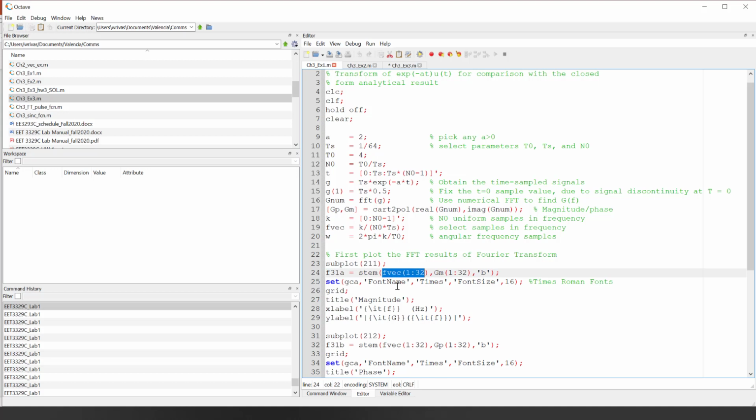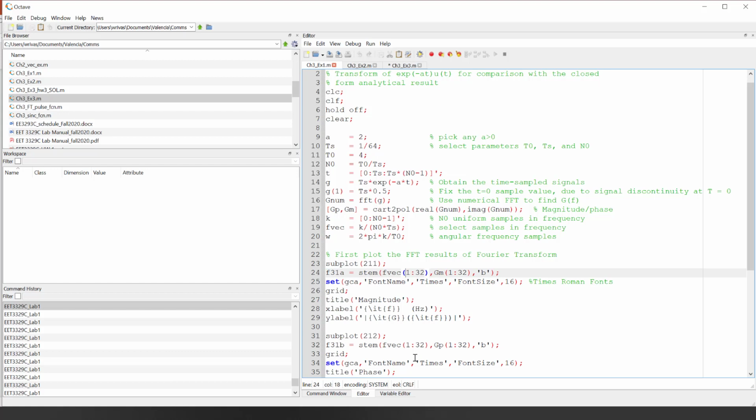Now here's a curiosity. We know that we are going to end up with 256 samples, right? We sort of knew that. But the author does not plot them all. He only plots between 1 and 32, okay? And that's just because it's enough.